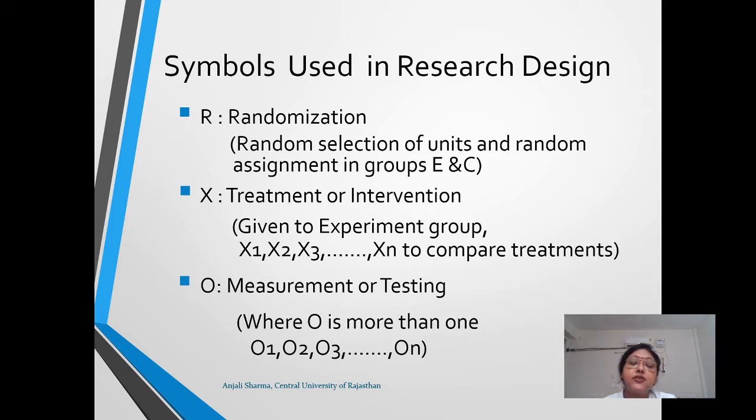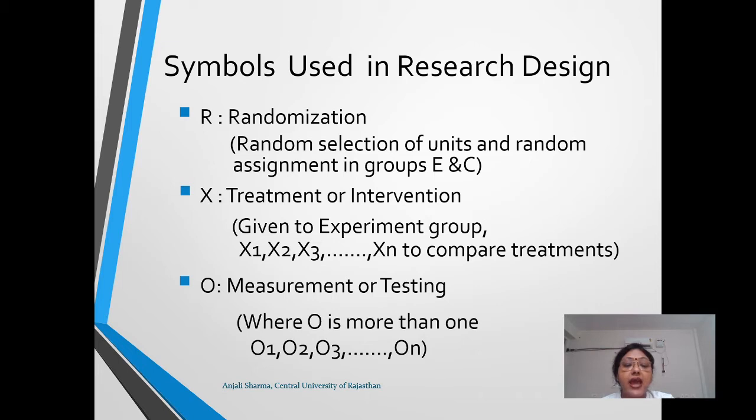Random selection, we already discussed in sampling also, is required for making our sample representative. For that, various sampling techniques are there, and in the sample design, we are just ensuring that randomization should be there, and it means the units should be selected by random selection.